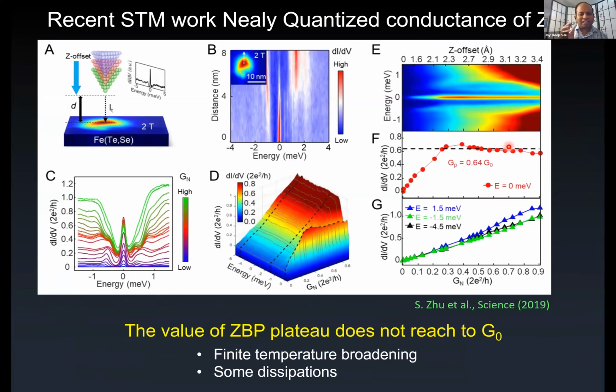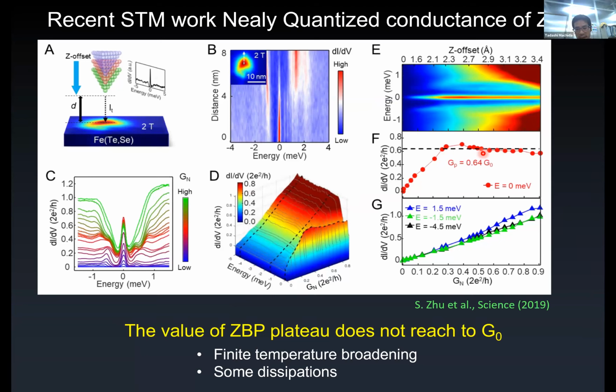So they also have figure 3, where this plateau is claimed to be basically at 2e squared by h. That's the one that I found very intriguing, and I was wondering what your opinion was, because it seems like you were not able to reproduce that. You've seen plateaus that are consistent with figure 2, but not figure 3.